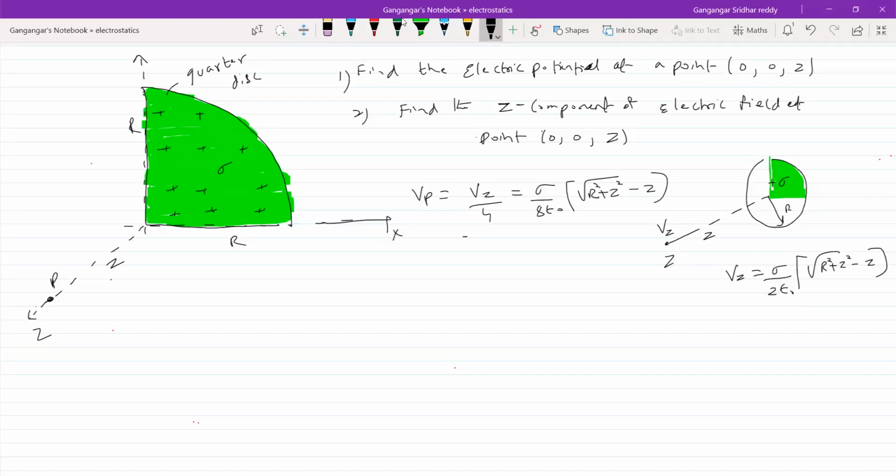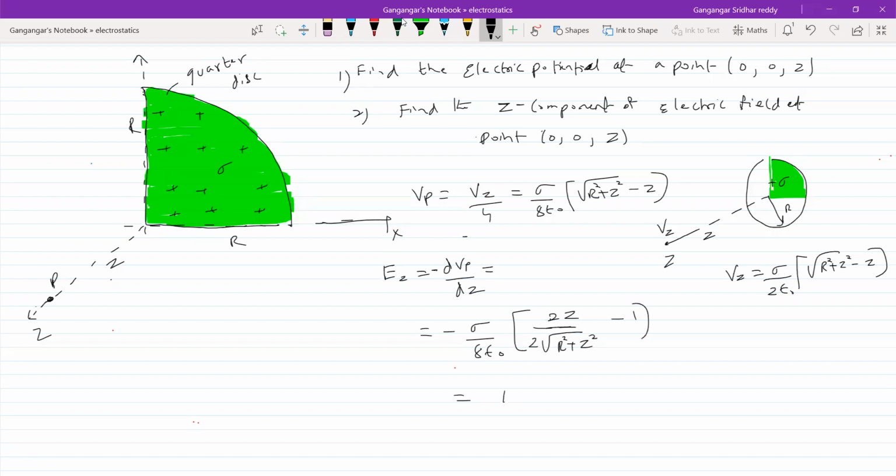Next, I want the z component of the electric field. I'll differentiate this. Ez equal to minus dVp by dz, so the negative sign will be there. So minus sigma by 8 epsilon naught, 1 by two root r square plus z square, times 2z, minus 1.